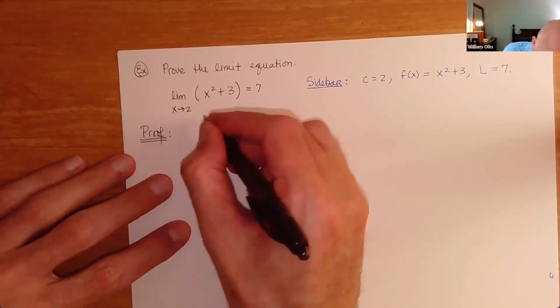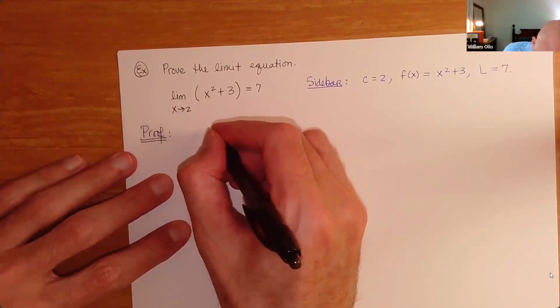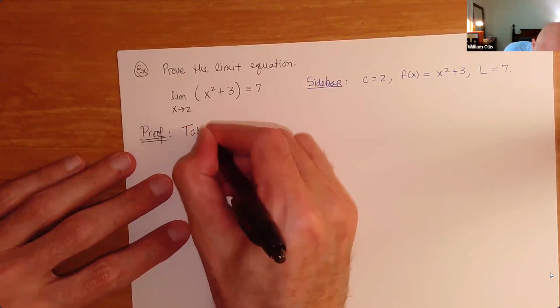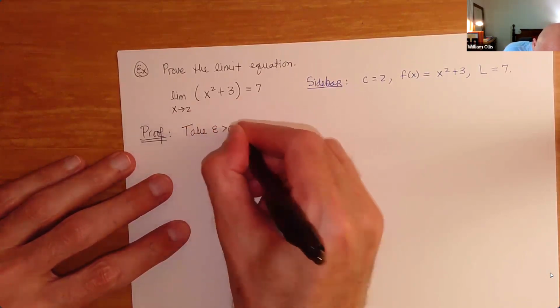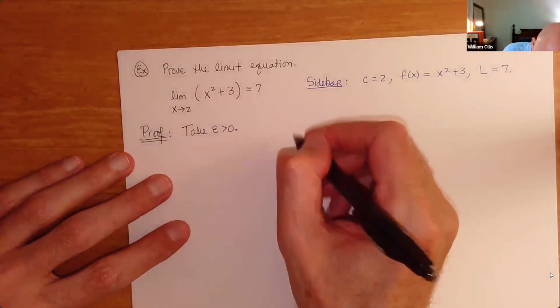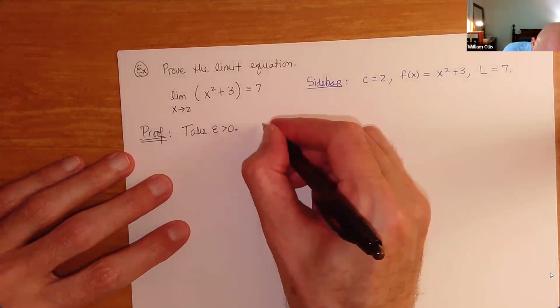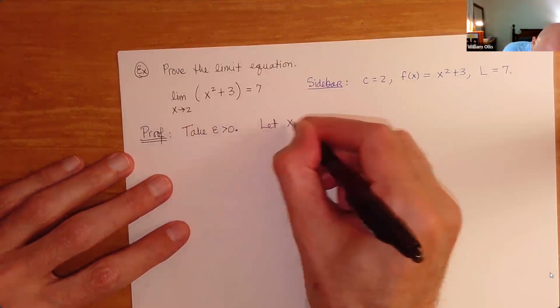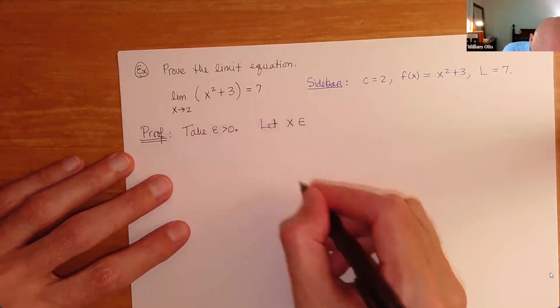We're going to restrict. So in this particular case, let's just first take epsilon positive. And in this particular case, let's have a very simple neighborhood for x.